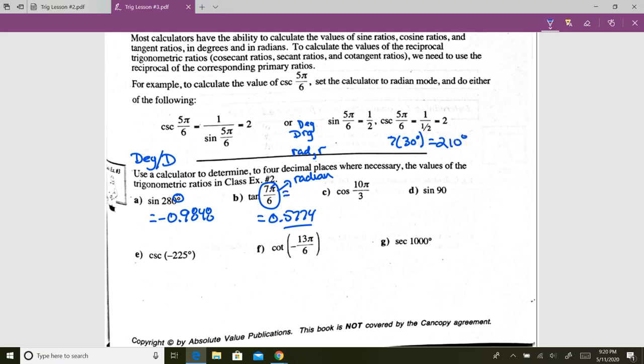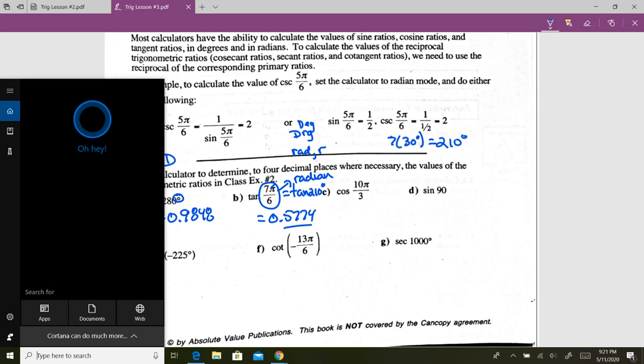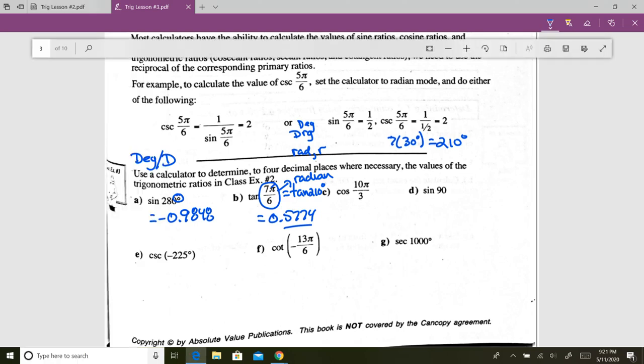So this should give you the same as if you went tan of 210 degrees on your calculator. Okay. And you can check that. Tan of 210 should give you... Sorry, people.